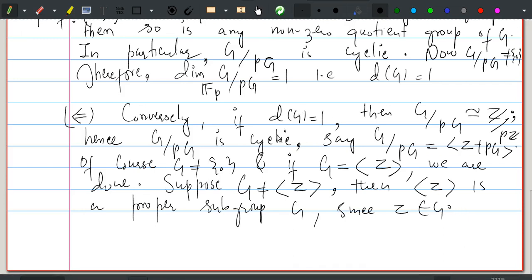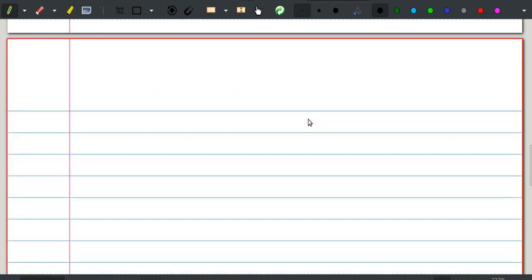Now we are going to use the correspondence theorem.